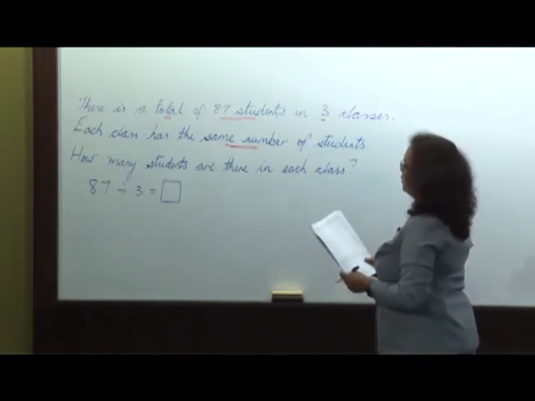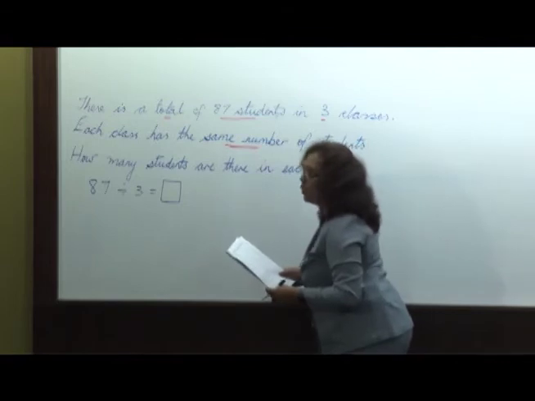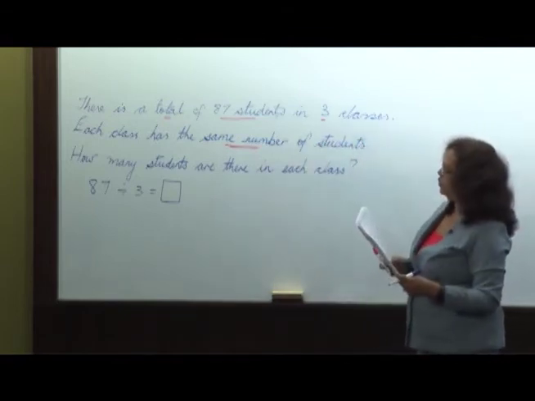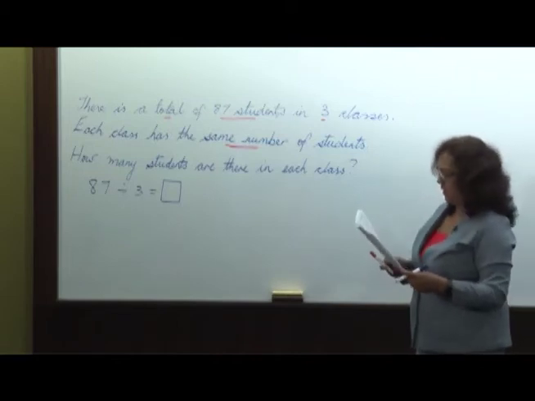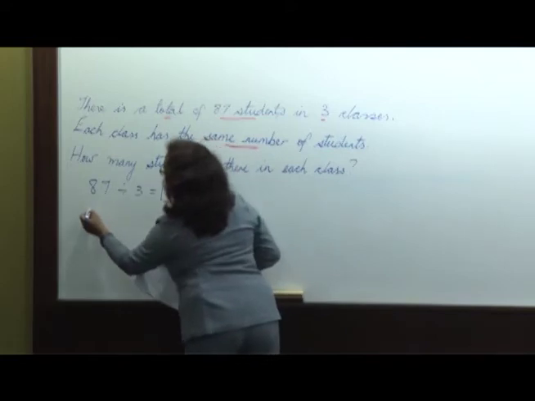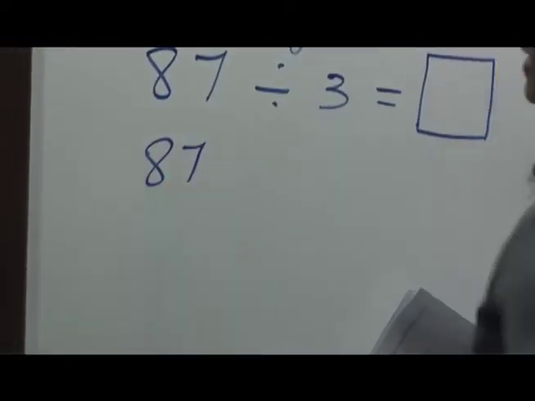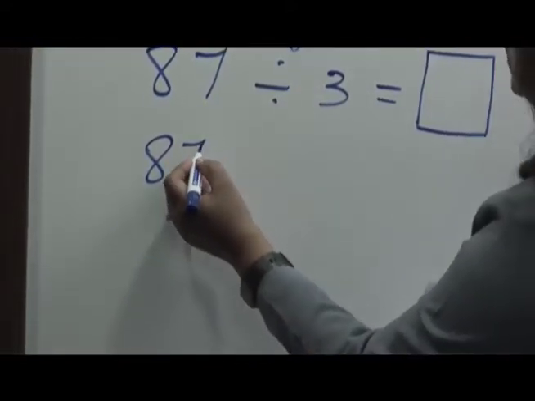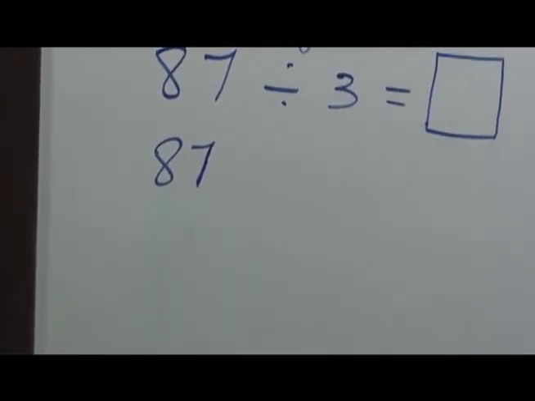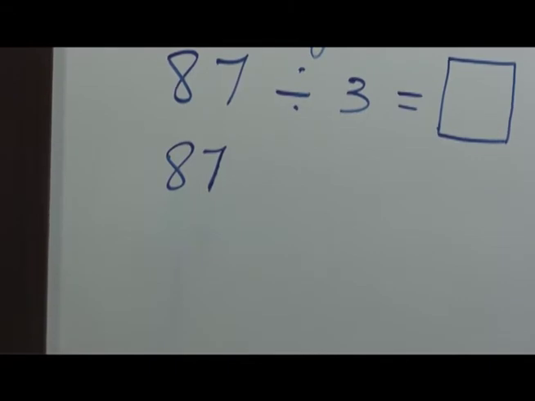We are going to use decomposing and the distributive property to help us to solve this. So I'm going to take that number 87, and I'm going to break that into two smaller numbers which both of them will be divisible by 3.